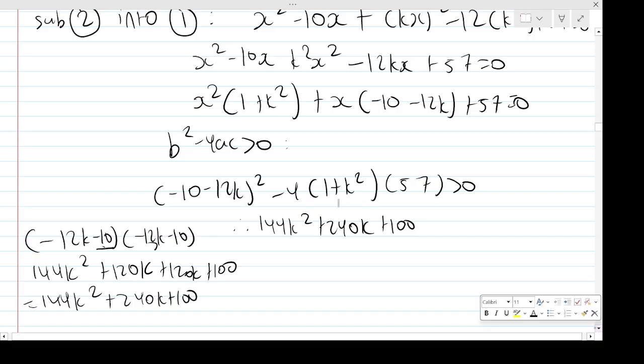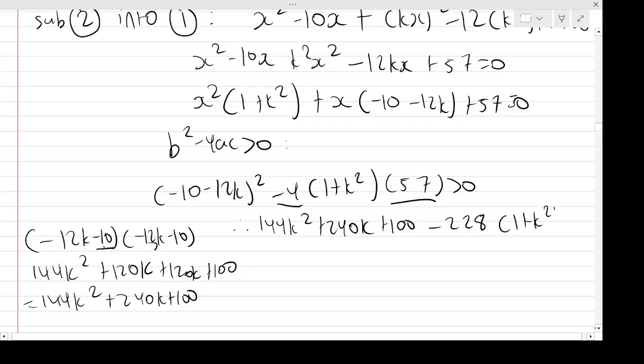Well, firstly I'm going to do minus 4 times 57. You might have a different order to do it in, but let's do the numbers first. So 4 times 57 is going to be minus 228 of (1 plus k squared), and that's again above 0. That would be 144k squared plus 240k plus 100.